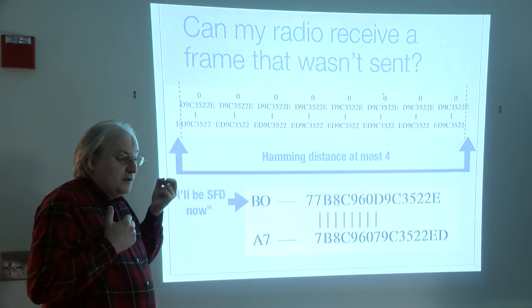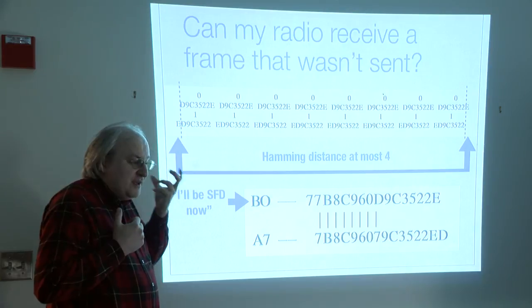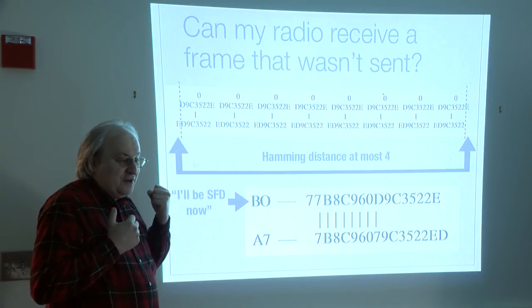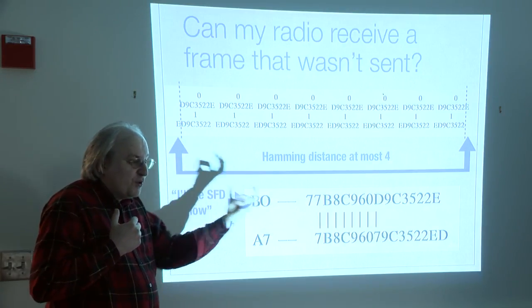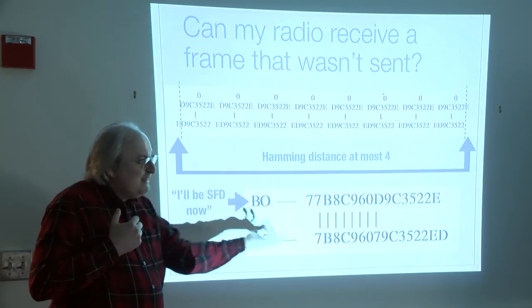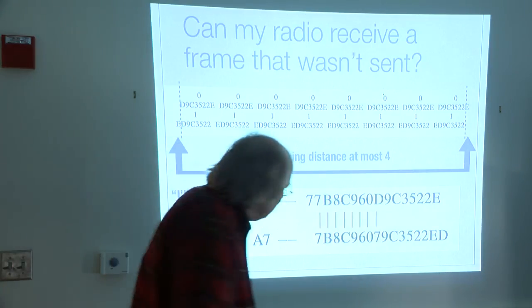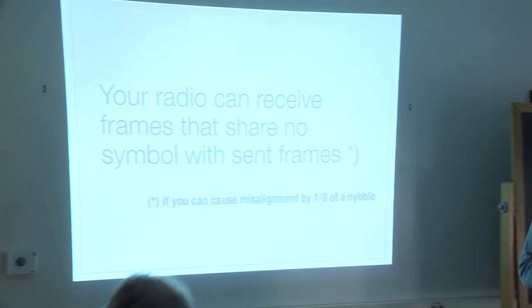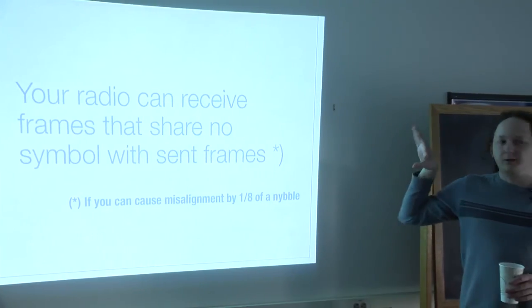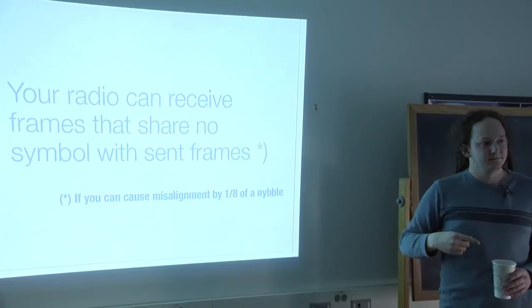This is the coolness of an exploit: how much of the receiving system you can borrow, and on how deep a level. I don't know a way to go deeper than that. So your radio can receive frames that share no frames with the data that was transmitted.